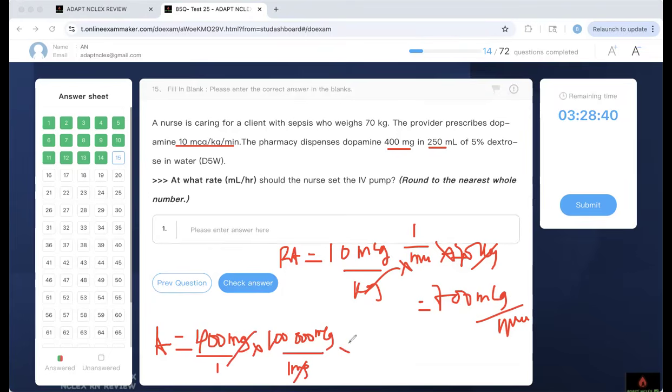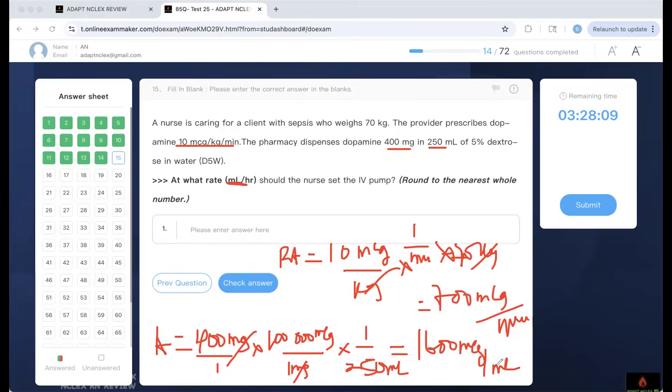But this is in 250 ml. So 1 over 250 ml. So 400 times 1,000 over 250. That's what you're looking for. And this will give you 1,600 microgram per ml.